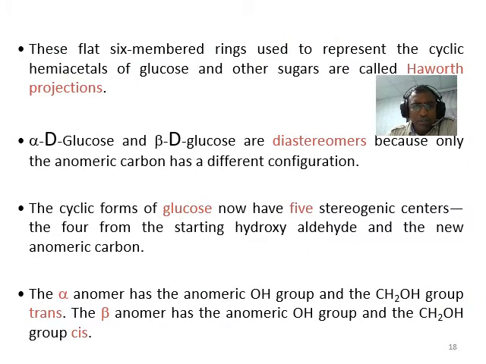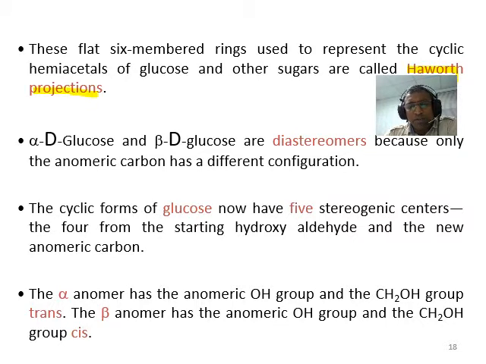So here are more facts, that is, after the glucose acyclic becomes cyclic. Just now we talked about Fischer projection for acyclic. Once it forms cyclic, as in the glucose just now, you will now talk about something referred to as Haworth projection.